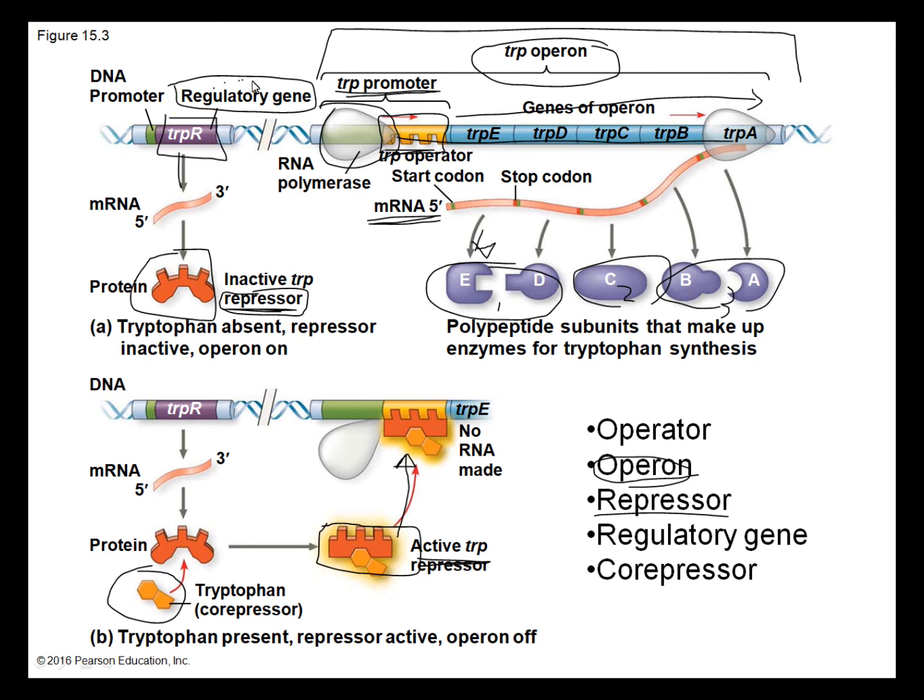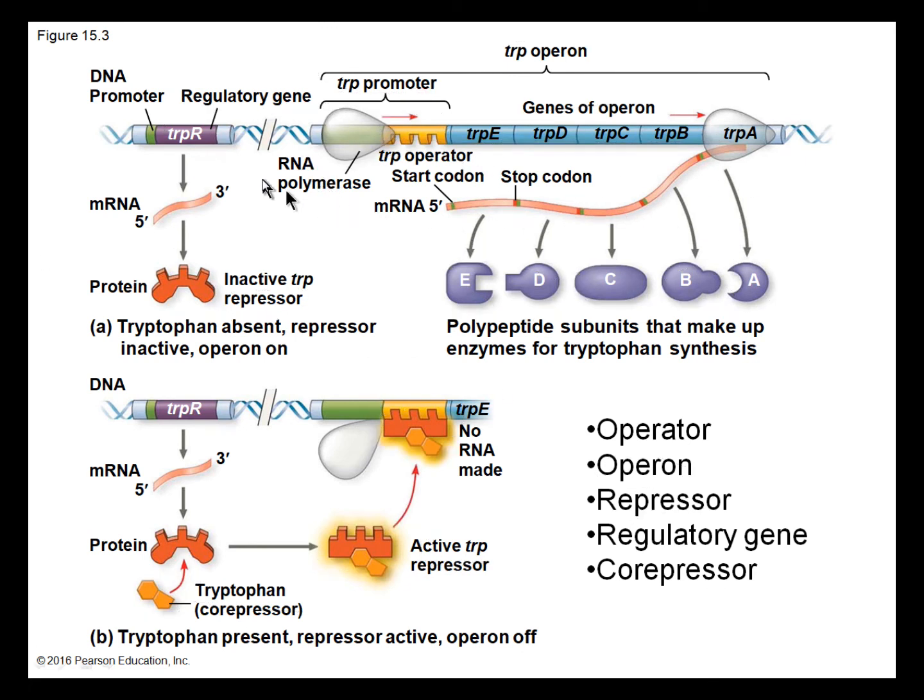And the co-repressor is tryptophan in this case: something that binds to the repressor so that they function as a repressor together with the real repressor. That binds to the operator of the operon, stopping the RNA polymerase from proceeding with the transcription of those multiple genes.